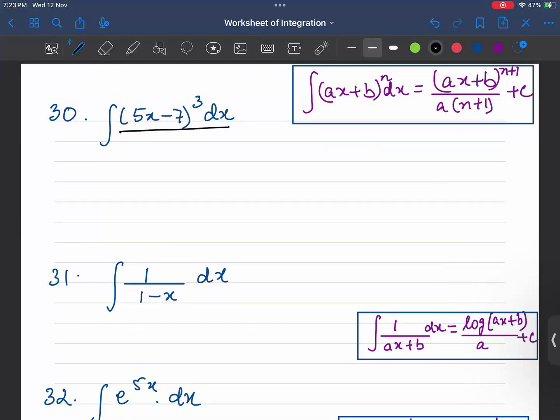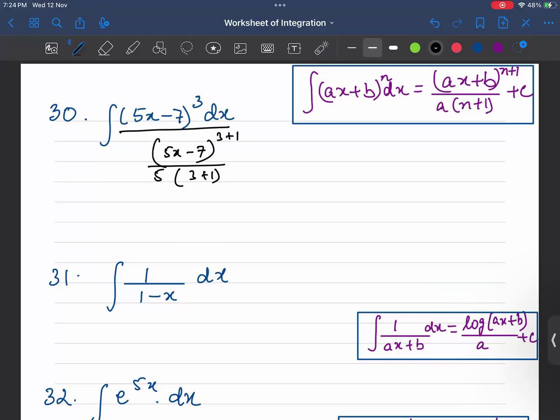What I can do is I can directly write (5x minus 7) power 3 plus 1, which is n plus 1. So I will write 3 plus 1 divided by a. A is what is multiplied by x, which is 5. So I will write 5. N plus 1 is 3 plus 1. Right?